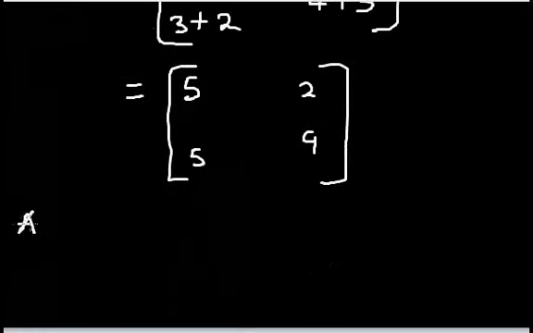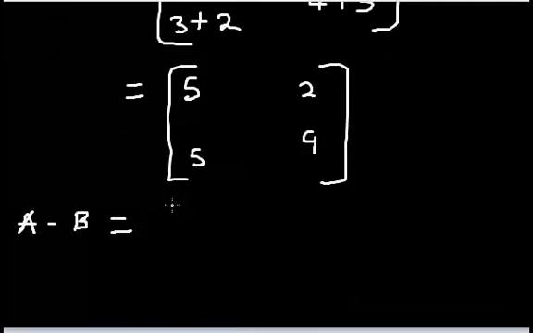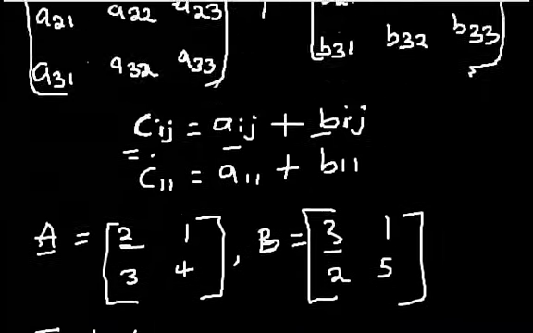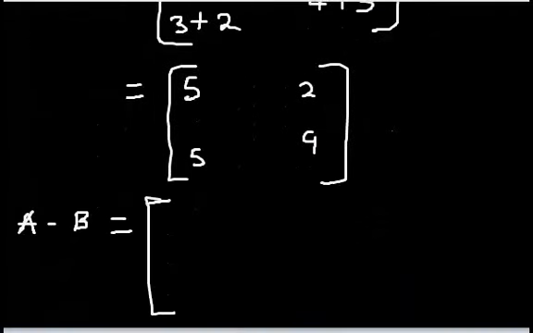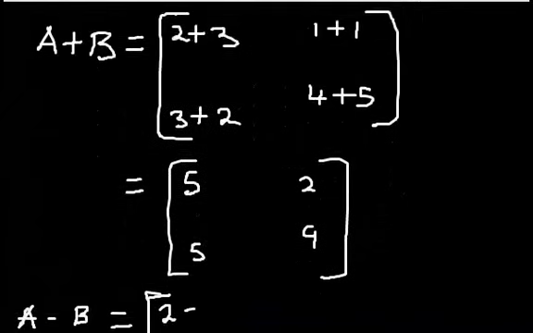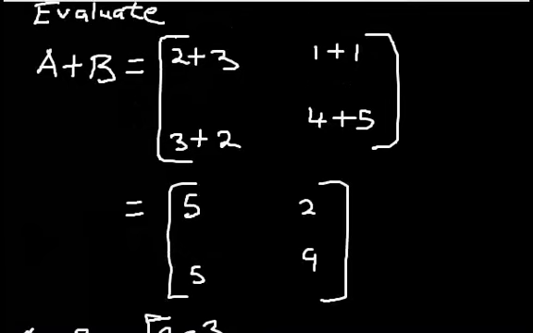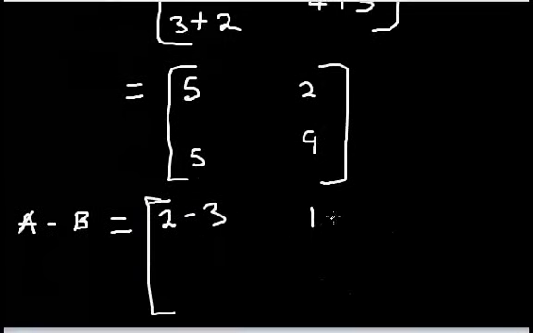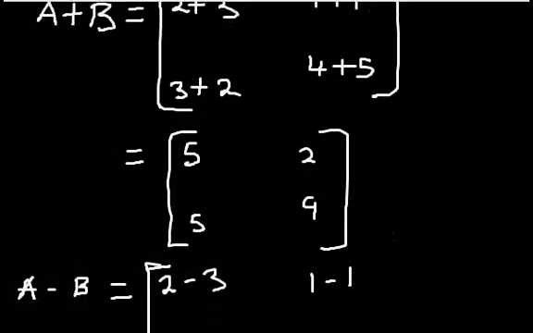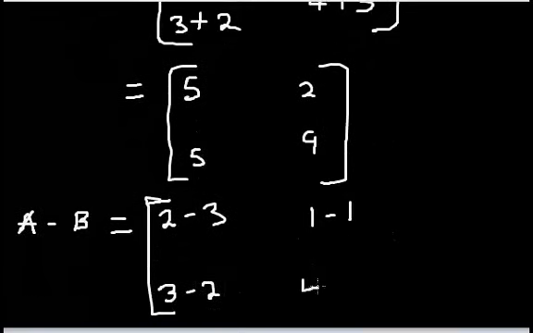For example, if you're being asked to do A minus B, it's the same thing, but this time around we subtract. So this is going to be equal to 2 minus 3, 1 minus 1, 3 minus 2, then 4 minus 5.